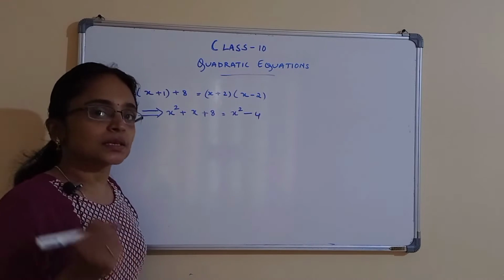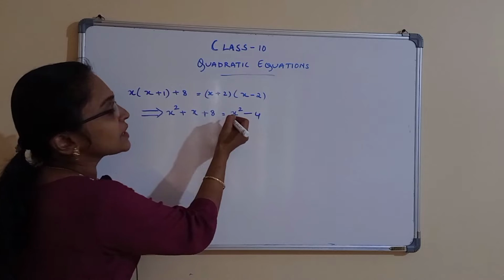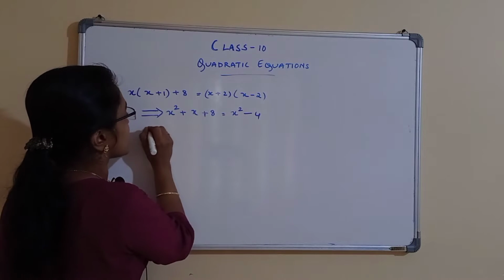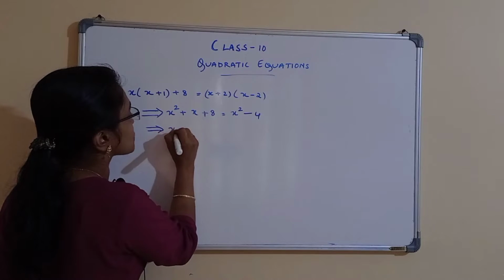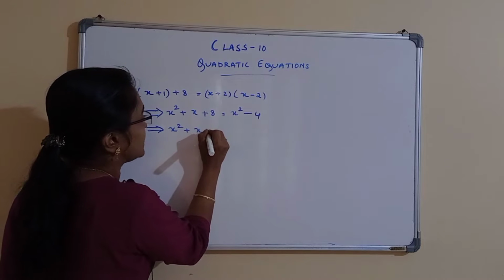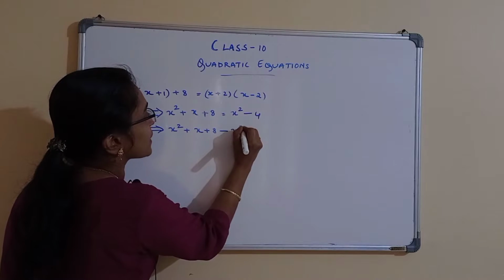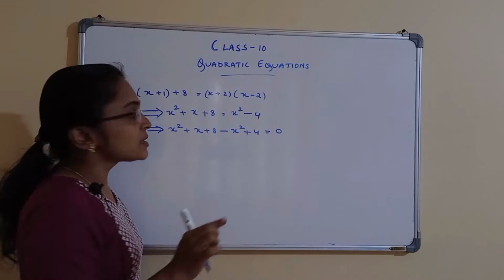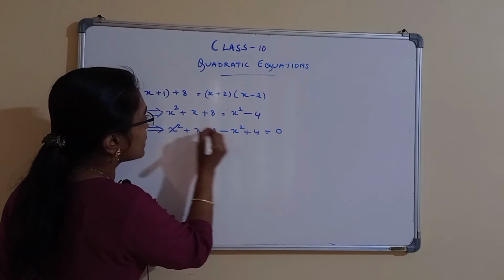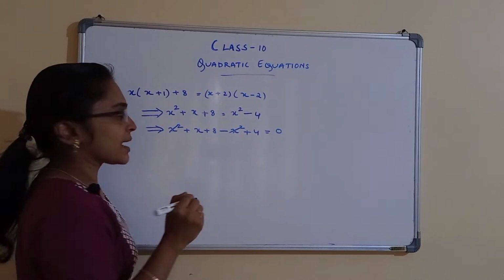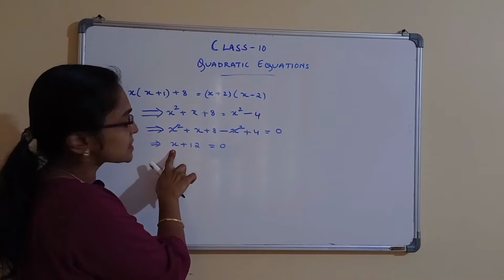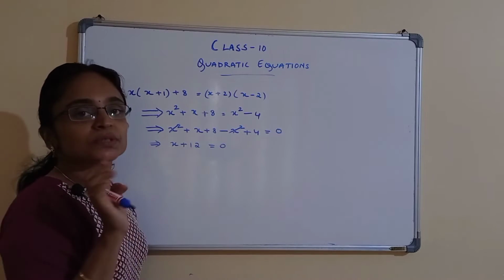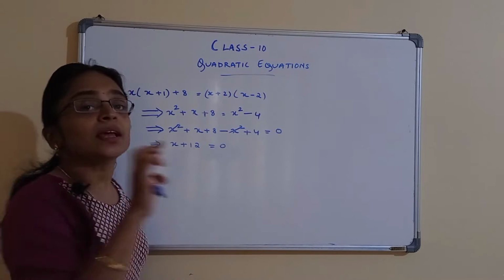X square minus 4. So we can take this to the left hand side. So this implies x square plus x plus 8 minus x square plus 4 is equal to 0, right? So this x square and minus x square will get cancelled, and this is the same as x plus 12 equal to 0, which means this is a linear equation.